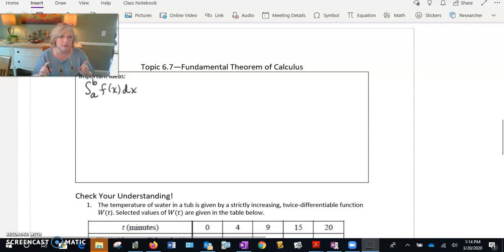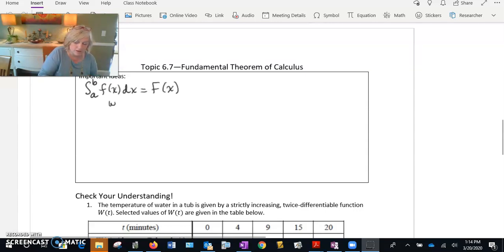Remember that little f of x represents the derivative. The algebraic way to calculate a definite integral, even though we do know there's a relationship to this area concept, is going to be to first find an antiderivative. And it doesn't matter which antiderivative you find. Just any antiderivative works.